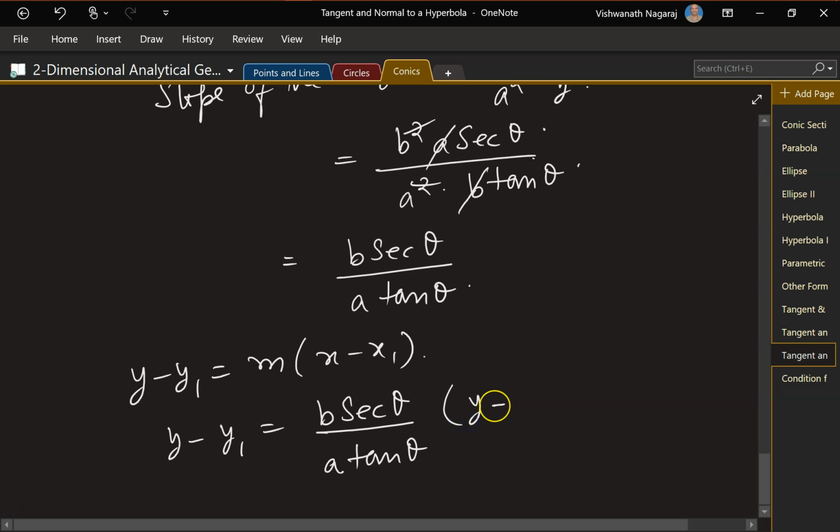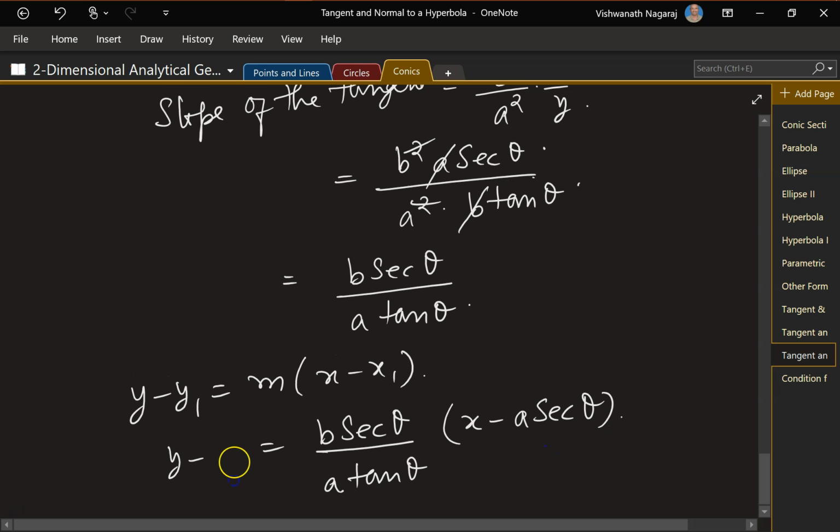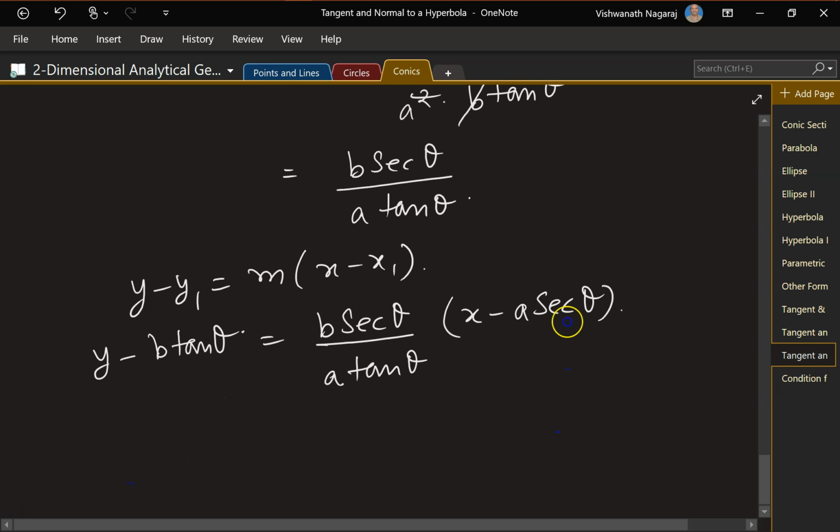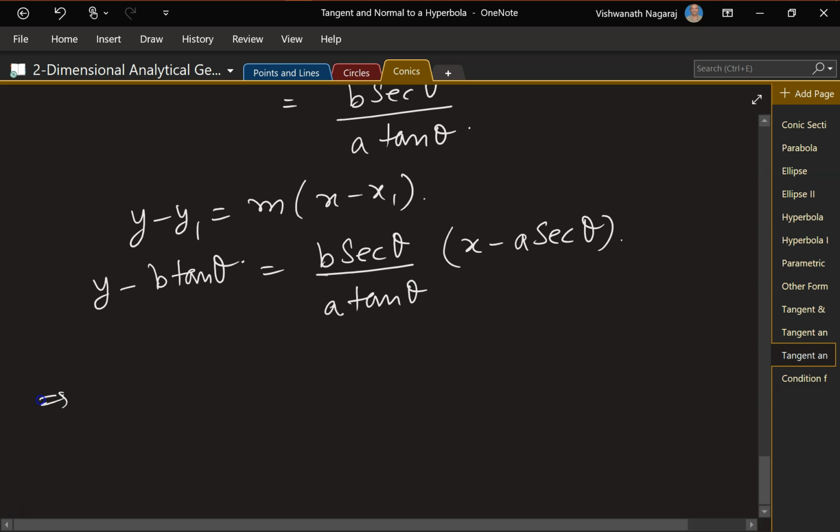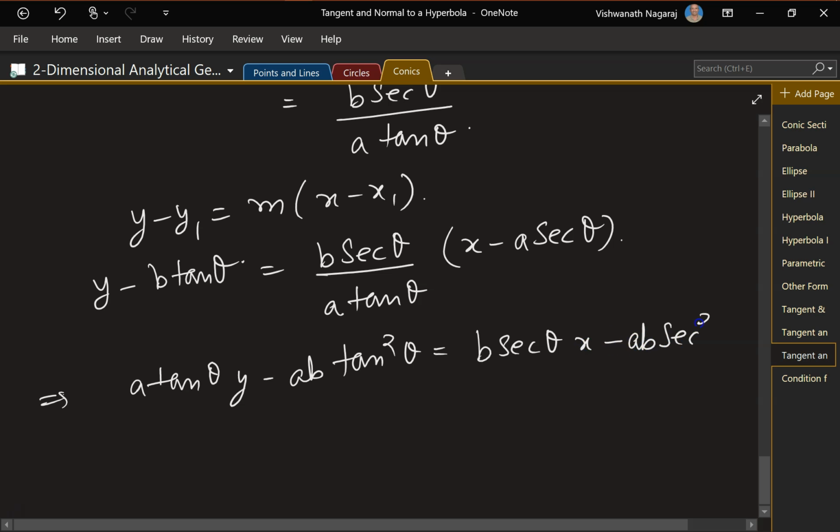times x minus x1, and here y1 would be b tan theta. So now let's simplify. a tan theta y minus ab tan square theta is equal to b sec theta x minus ab sec square theta.